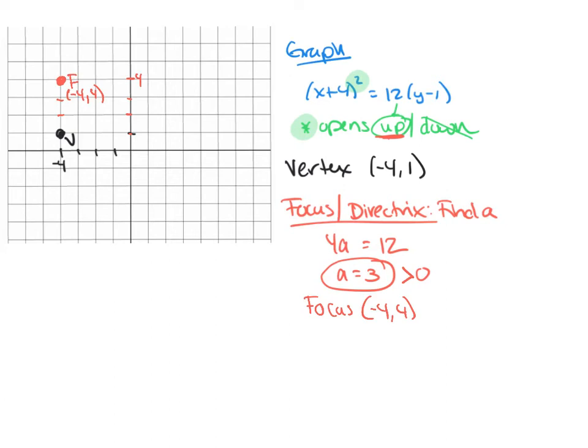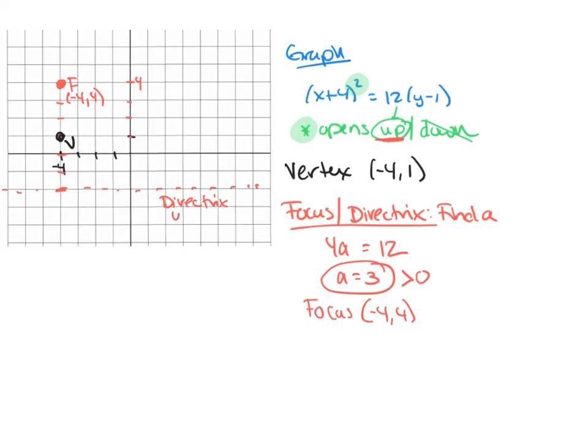Also, since A is 3, we're going to go the other direction, 3 units down, 1, 2, 3, and this will give us our directrix. And that appears to be at y equals −2. So starting at the vertex and traveling down 3, 1, 2, 3, puts us at the line y equals −2.